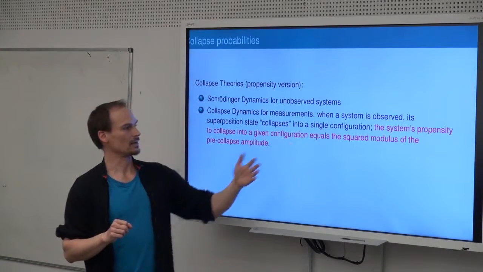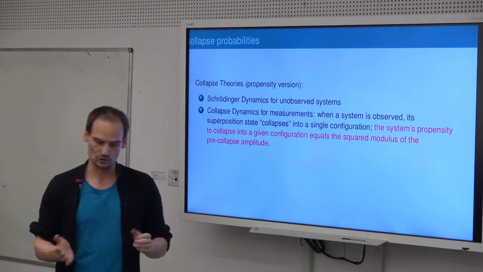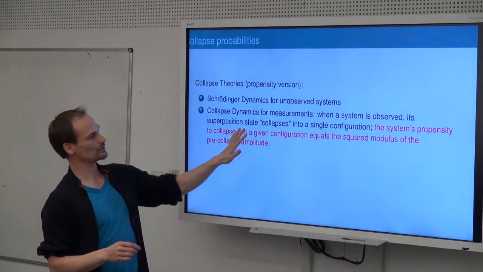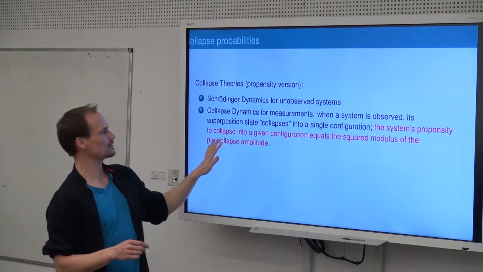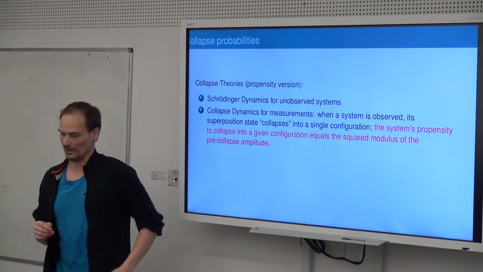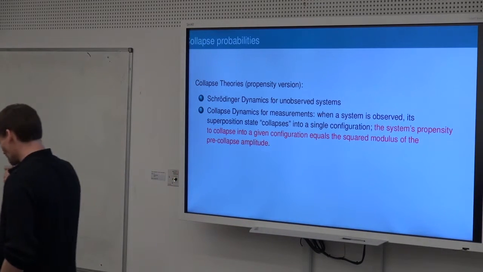Since it's graded, it can be sort of more or less strongly graded towards one outcome than another. And so now our Born rule just says that this fundamental propensity to collapse into a given configuration equals this squared length of the arrow. Okay, that's the second proposal.